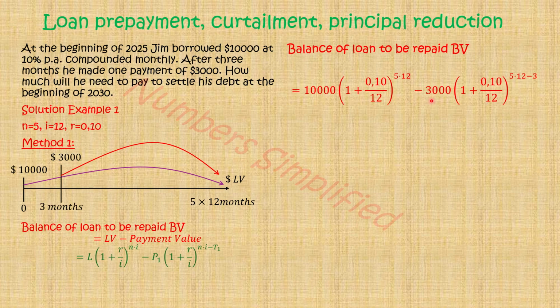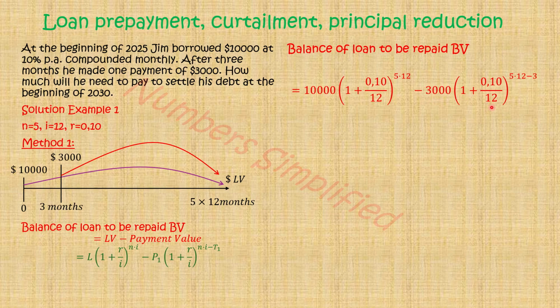However, we know that Jim paid an amount in order to reduce the value of the loan before it was due, and that would help because Jim is not paying only $3,000; after a certain number of periods left, that would accrue some interest that would actually help in reducing the balance of the loan. So at the period 3 months, Jim paid $3,000 times 1 plus the interest rate, which is still the same.